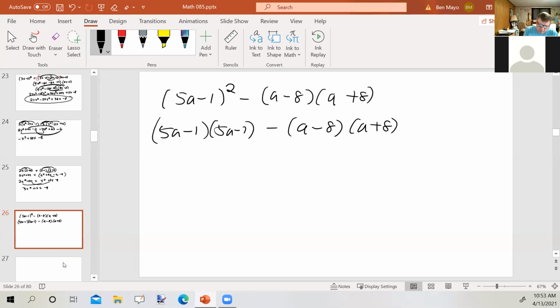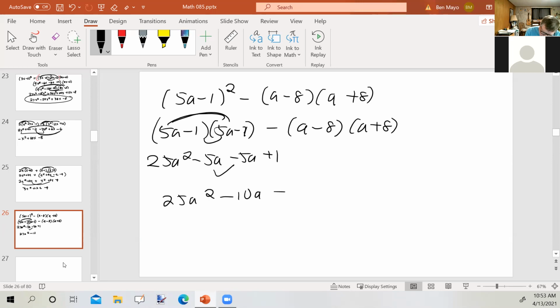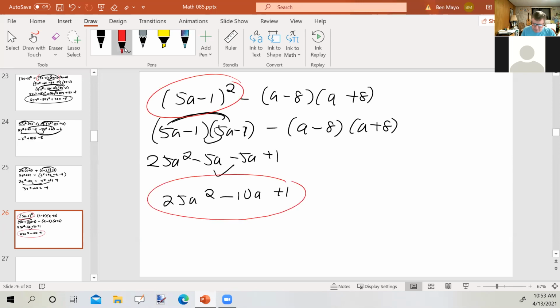Okay. Foiling together the first two binomial factors, we get 25a squared minus 5a plus 1. Combining like terms, 25a squared minus 10a plus 1. Okay, so all of this becomes all of that. So far, so good.